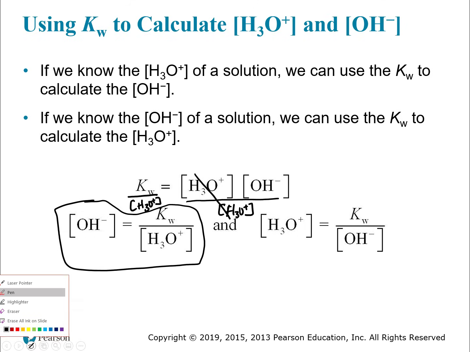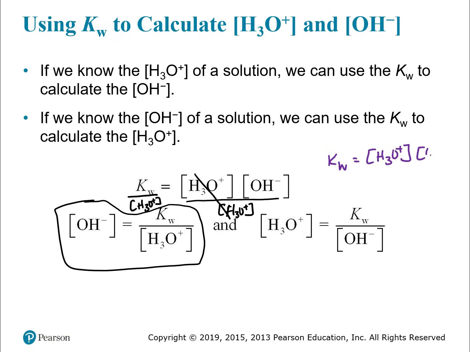You can do the same thing to solve for the hydronium. You just divide by hydroxide on both sides, and that gets you to this equation: hydronium is equal to Kw over hydroxide.